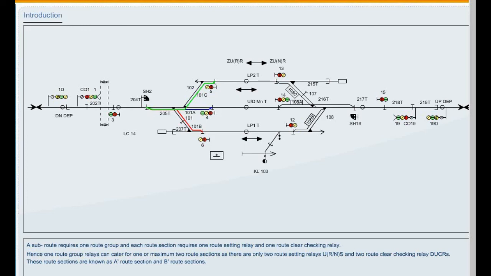These route sections are known as the A route section and B route section. If for any reason it is required to add one or more route sections to a subroute, extra UNS and URS and DUCR relays and mini-groups for each added route section are to be provided outside the relay groups and wired accordingly, and they will be called the C route section and D route section, etc.